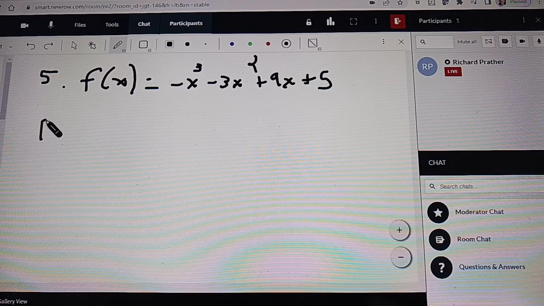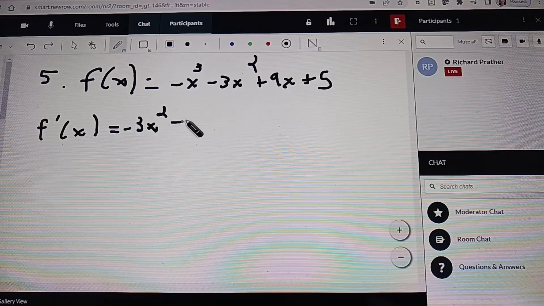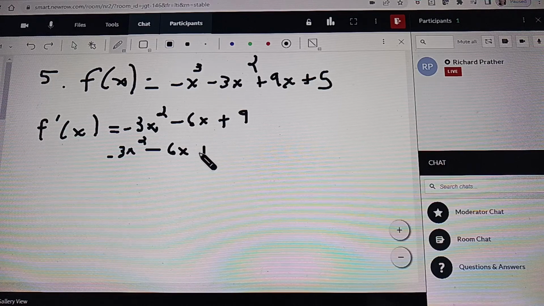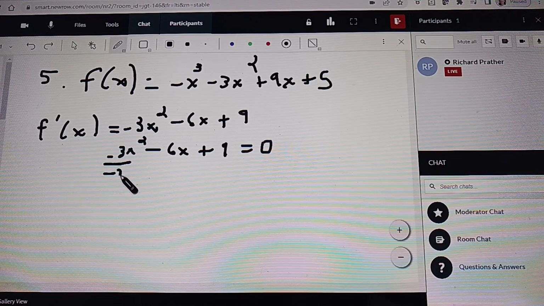First you take the derivative: negative 3x squared minus 6x plus 9. This is never undefined, but it could be equal to 0 twice. It might help to divide everything by negative 3.